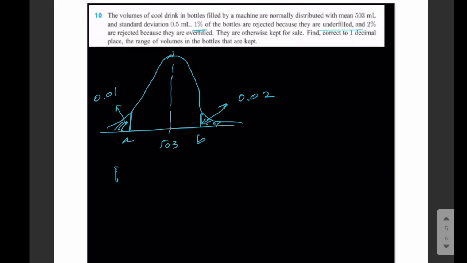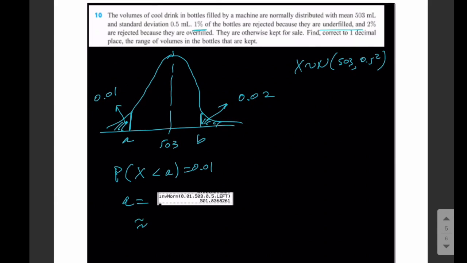So first of all, probability of x less or equal than A is 0.01, and I forgot to write this, that this is 503 and 0.5 squared. So here for A I have to use the inverse norm. Okay, we want one decimal place, so 501.8 milliliters.